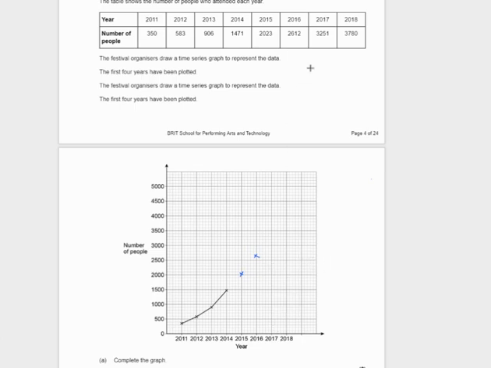And then 2017 is 3,251. So we've got 3,200 here, and that's in between this line and the 3,300 line, so about halfway.